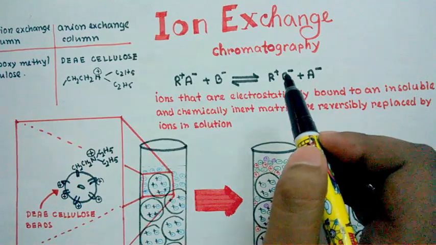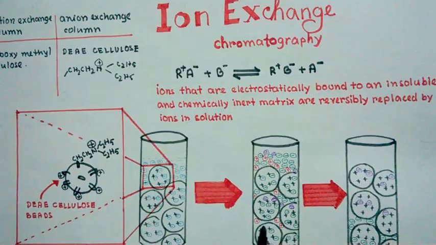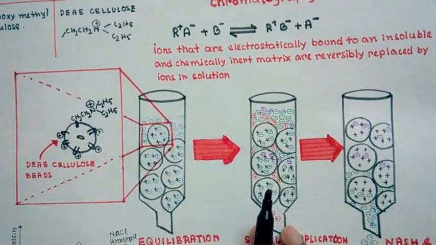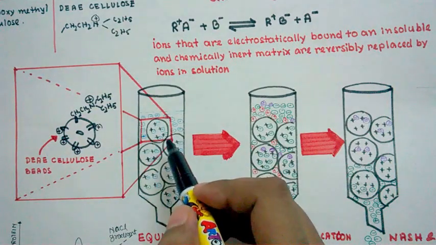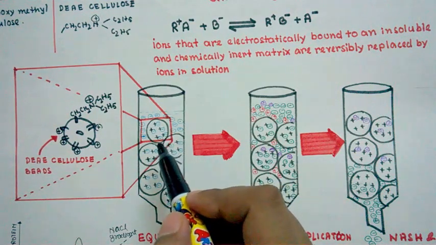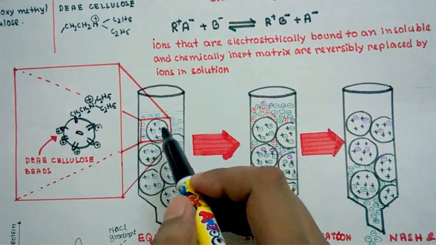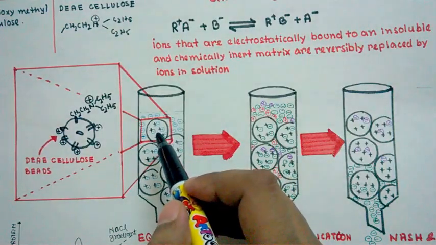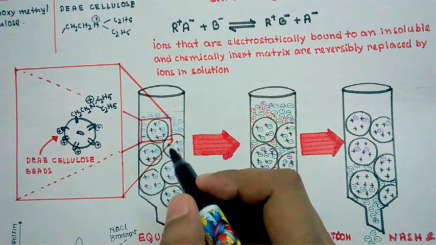As ion exchange chromatography is also a type of column chromatography, we would try to understand how it would look inside a column. We have specialized beads. One of the popular beads is DEAE cellulose, used for anion exchange chromatography. Anion exchange chromatography means our protein is anionic, that means it has a lot of negatively charged groups, a lot of acidic groups.